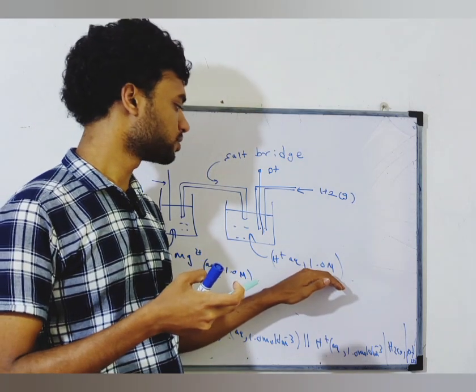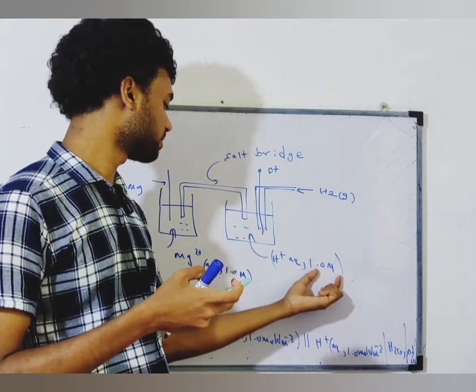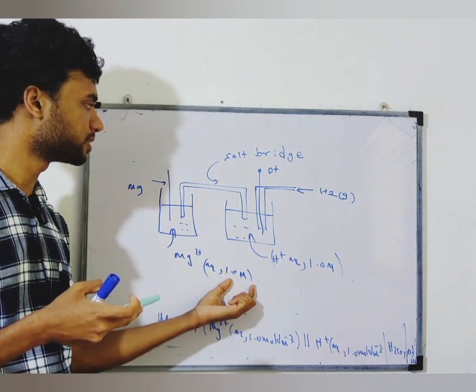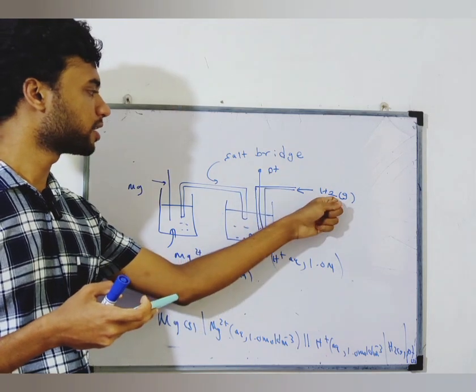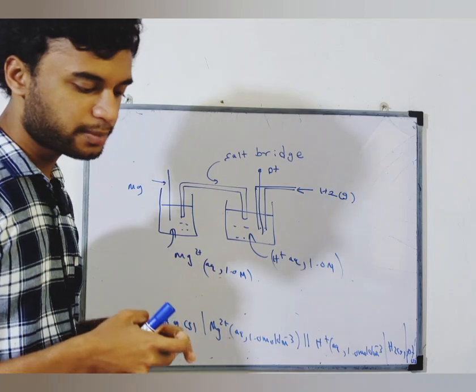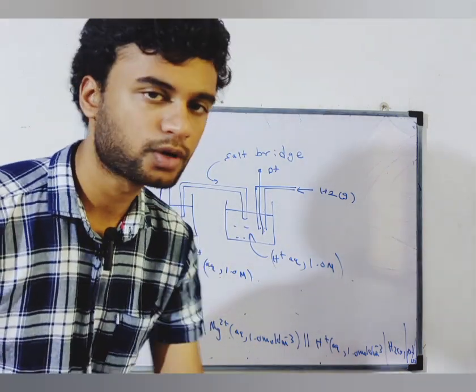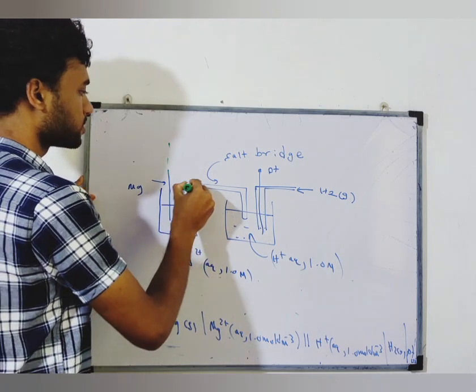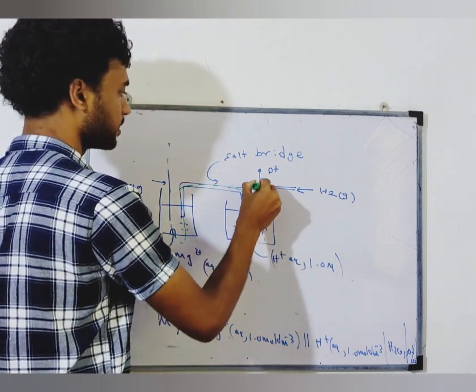H plus solution is there, concentration 1 mole per decimeter cube. Magnesium 2 plus concentration 1 mole per decimeter cube. This is a platinum rod, and here we have hydrogen. This is the salt bridge. So we can start naming like this. You can follow a path like this, start from here, go like this, and end up like this.